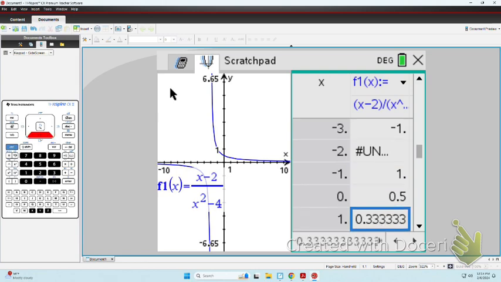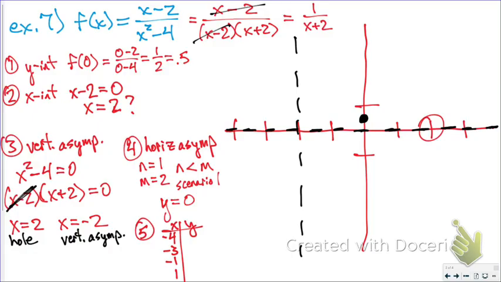And 1 is 0.33 repeating. So -0.5, -1, +1, and 0.33. Whoops. Those are down. Losing my mind.